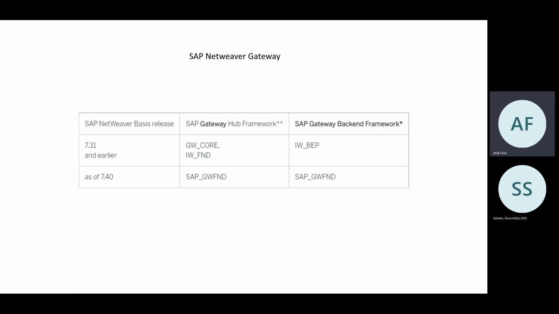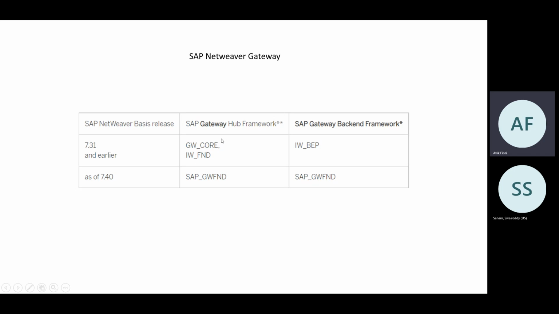So for that, they released a couple of components. In the SAP Gateway Hub framework, they released Gateway Core and IW_FND. These are two important components required from the gateway perspective. From the OData implementation perspective, you need these two most important components, GW_CORE and IW_FND.